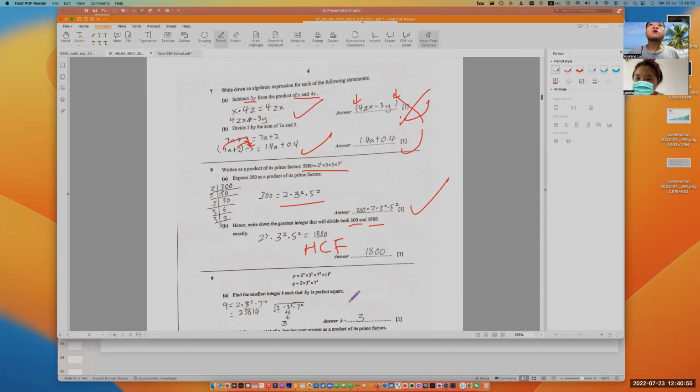How do you find HCF? Lowest shared factor. Yeah. So shared is 2, 2, 3, 5. So the lowest power is 1, lowest power is 1, lowest power is 1. So it should be this one.